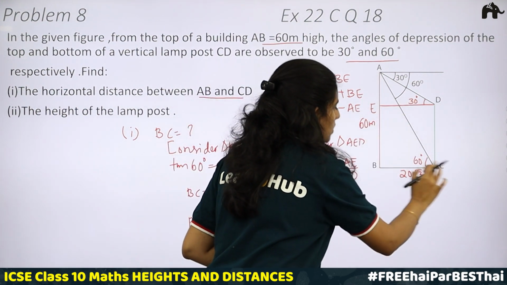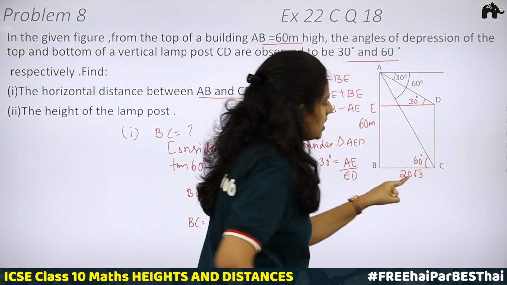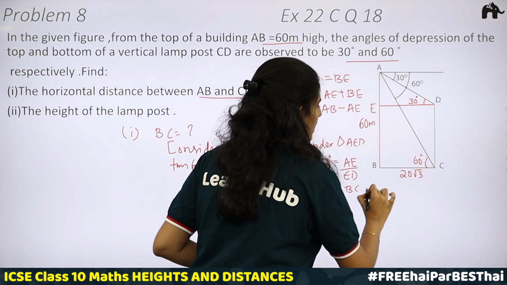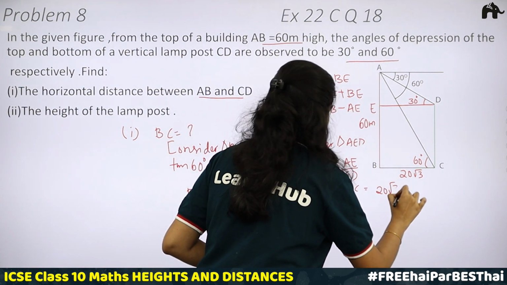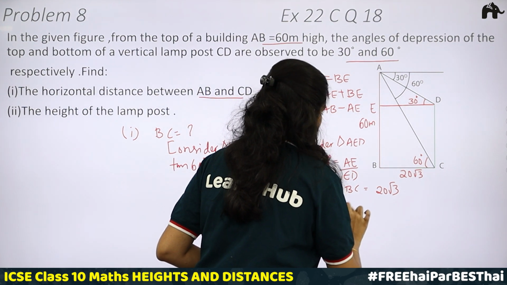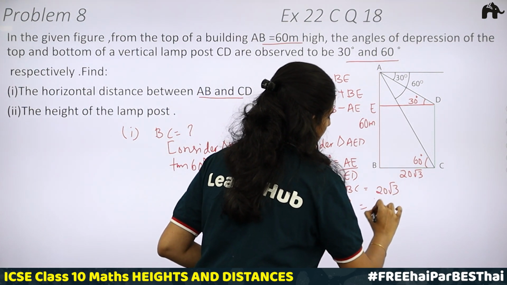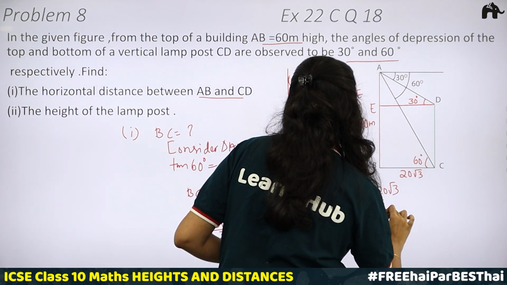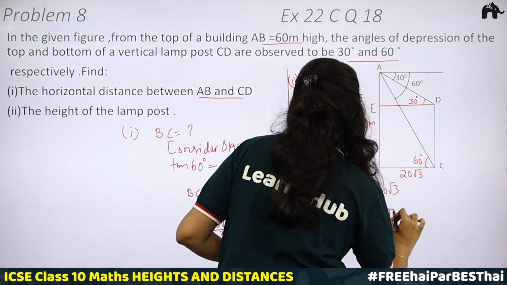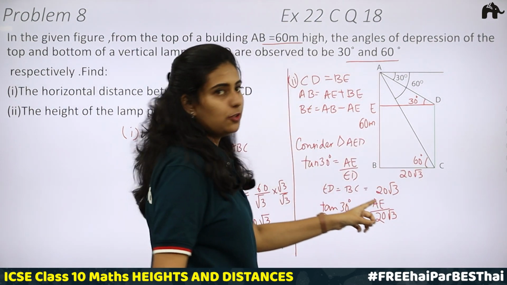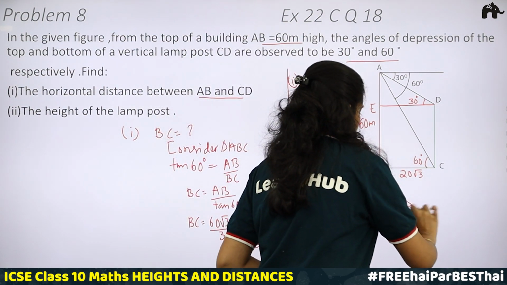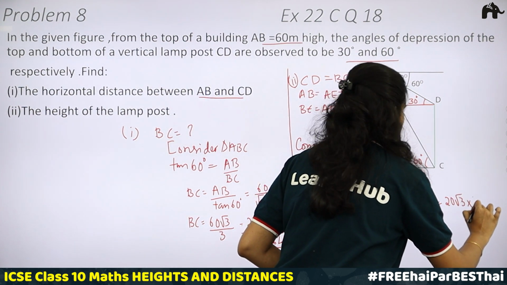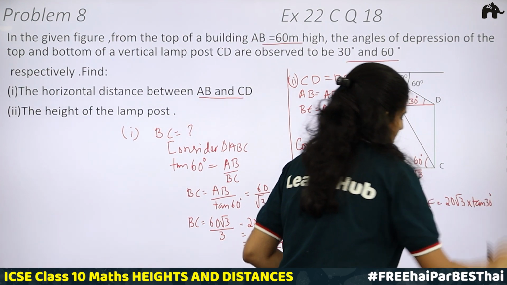If ED is equal to BC, we know BC is 20 root 3. Therefore, tan 30 degree will be equal to AE divided by 20 root 3. We need to find AE. This implies AE is equal to 20 root 3 into tan 30 degrees.